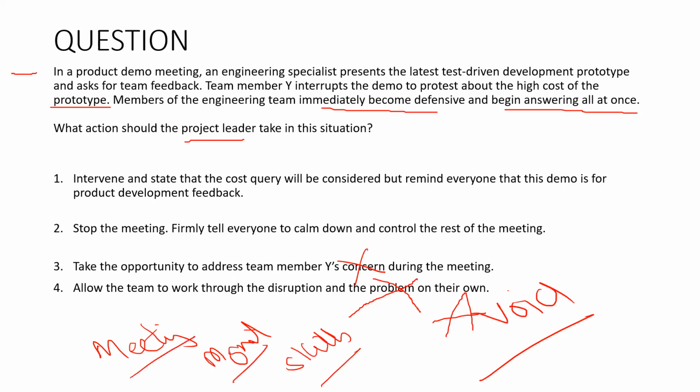Stop the meeting. Stop will never be the right answer. I didn't read what is written, but I read stop. It will only be the right answer in the case that too many changes are coming up and now you want to talk to the stakeholder.